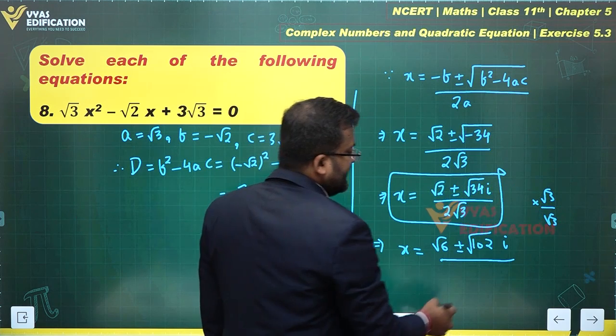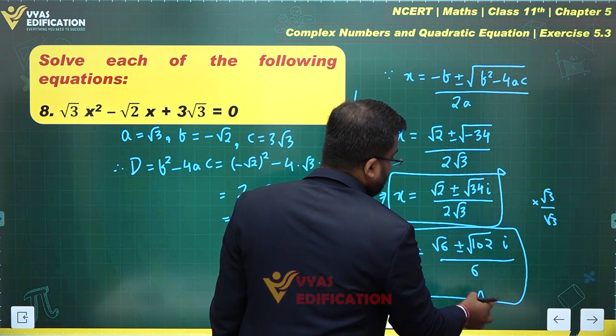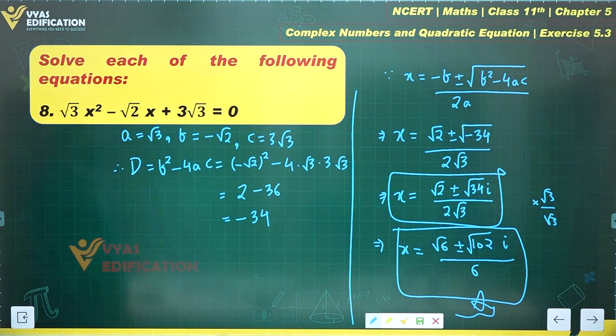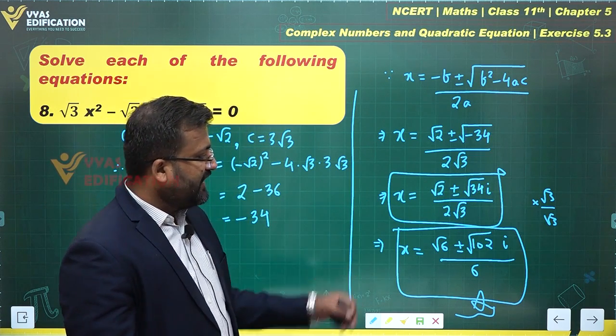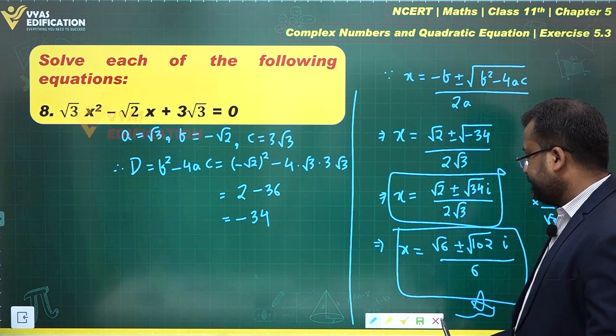What is that? 6. Root 6 plus minus root 102I upon 2 into 3, which is 6. This is my final answer for this question after rationalizing the denominator.